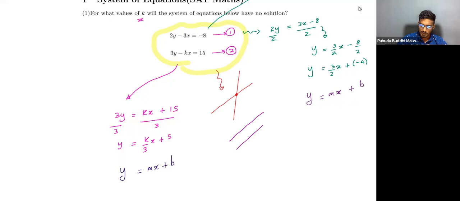For a case like this, whenever we have two parallel lines, no solutions, or sometimes lines coincide on top of each other, then infinitely many solutions. But in this case, to get no solutions, I think we need a scenario like this, two parallel lines.